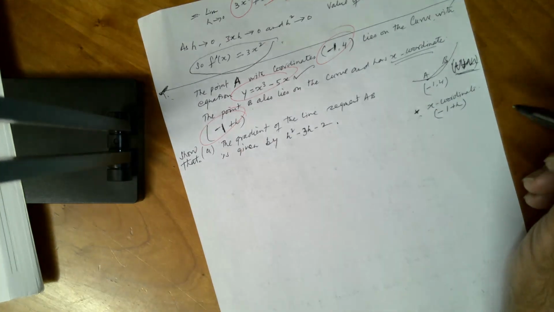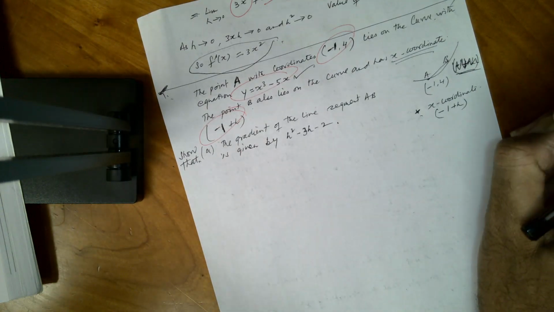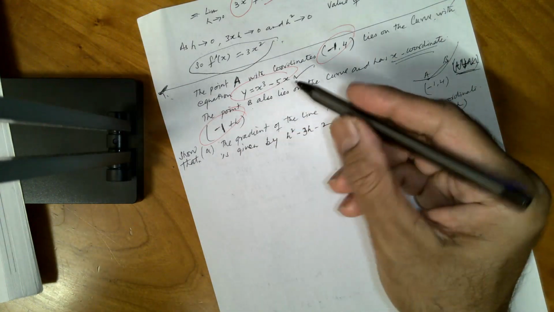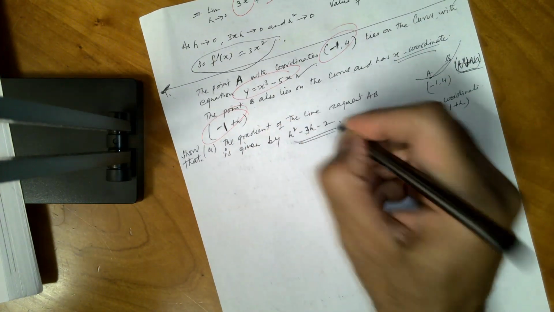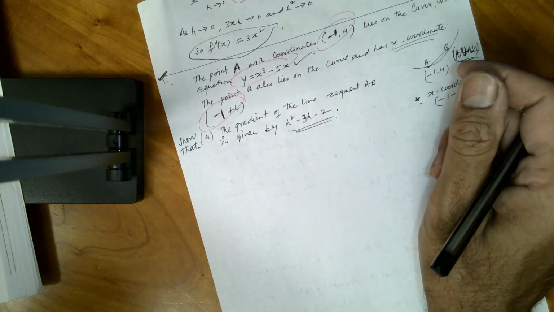Don't get confused with that. Then it's asking to show the gradient of the segment AB is given by h square minus 3h minus 2.